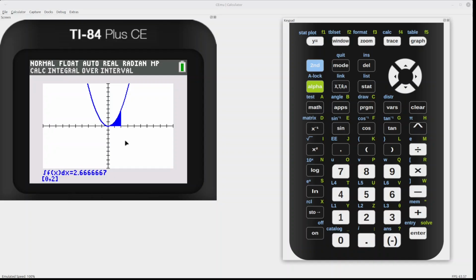Okay, you'll notice it shades in the region, which represents the area. So the answer is 2.666 repeating, which is 8/3. And if it's positive, that means it's above the x-axis. And if you have a negative value, it's below the x-axis.